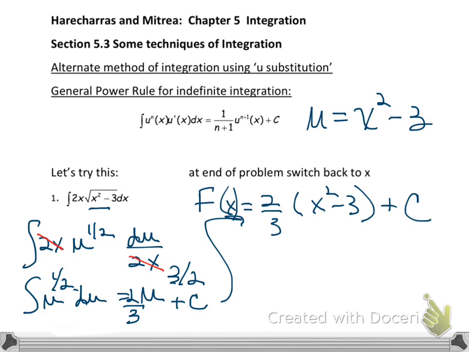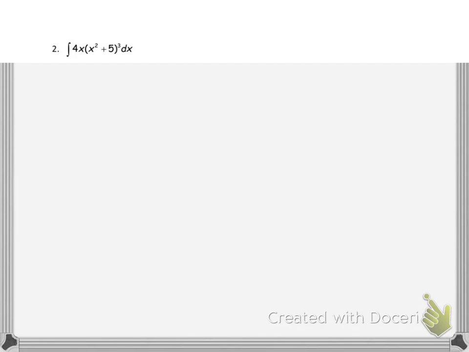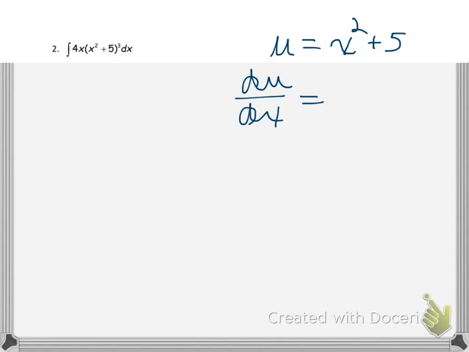Okay, so not too terribly bad. Let's go on and do another example on the next page. So this is going to be another U substitution. And so the most complicated term is the x squared plus 5 to the 3rd. So why don't we define u as x squared plus 5? So then du dx equals 2x.